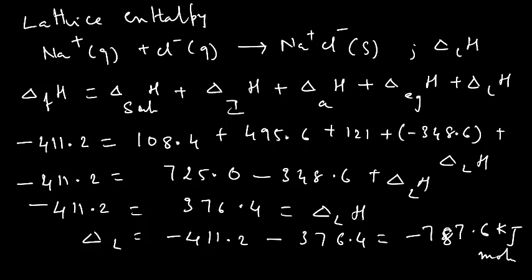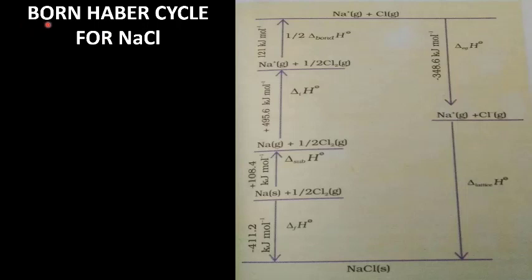So, all these changes can be shown in a diagrammatic representation, that is the Born-Haber cycle. So, till now we discussed the different reactions that take place in the Born-Haber cycle. So, this is the schematic diagram for the Born-Haber cycle for sodium chloride. Here sodium solid plus half Cl2 combine and we get sodium chloride solid.